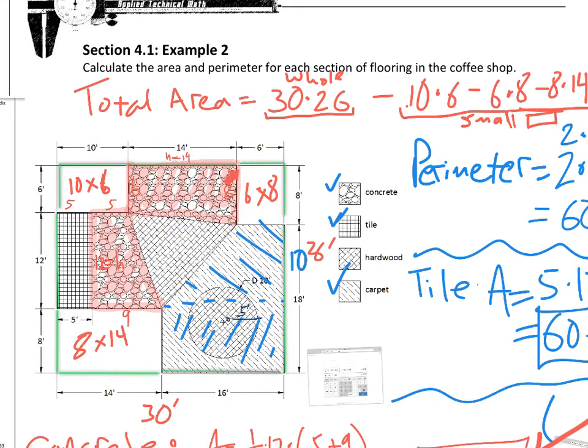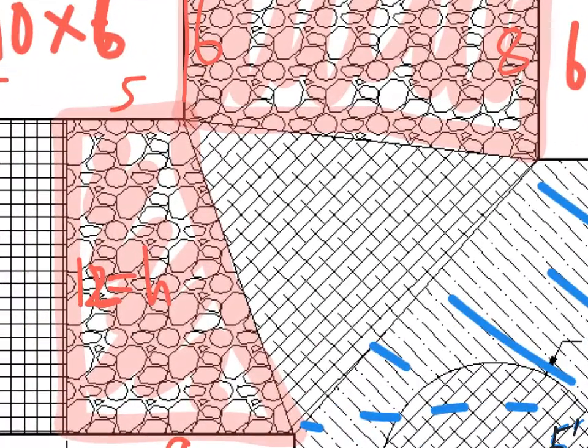And then we have this shape. Well, we found out 6, 14, and 8. What is this? To find this, we're going to need the Pythagorean theorem. So we're going to need a right triangle. Let me make that a little bolder. Okay. So we're going to make a right triangle out of this.